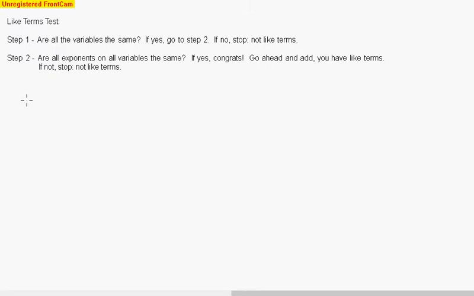I'm going to write a problem out. 3x plus 5 minus xy plus 2yx minus 5x. Alright, so here is an expression. We're going to simplify by adding like terms.